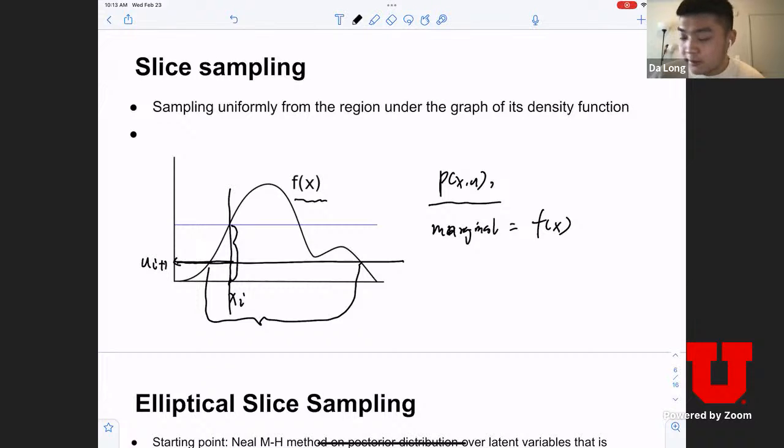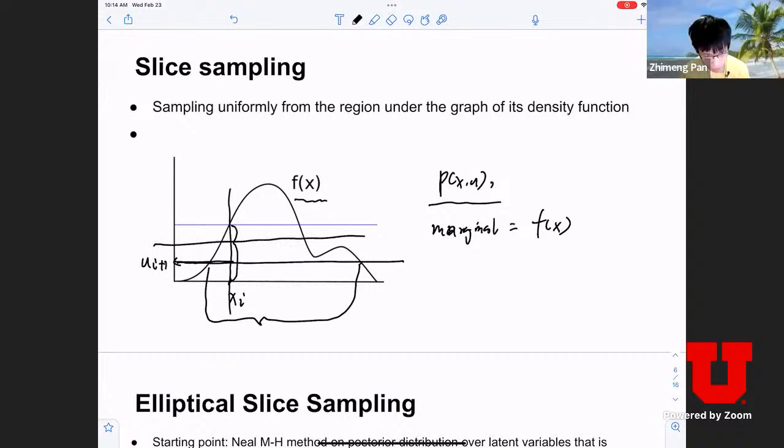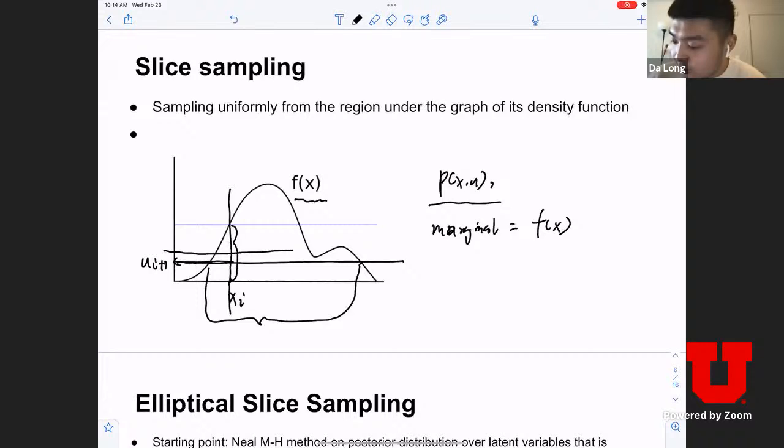But here, what if the u is slightly higher? You mean higher like here? Oh no, like here. You mean here? Yeah, I mean it crosses the two peaks. Oh, you happen to cross the two peaks. Yeah.